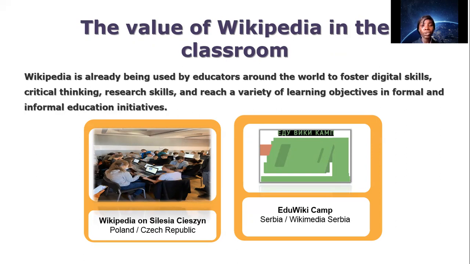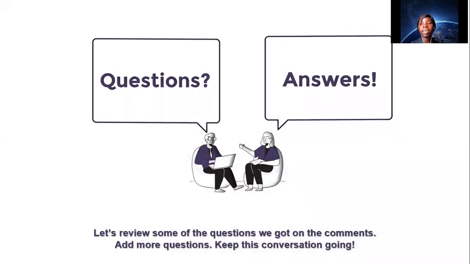You can see there is a training, Wikipedia on Silesia, and this training was held in Poland. We also have the EduWiki Camp by the Wikimedians Serbia group. So there's a whole lot that teachers can benefit from the Reading Wikipedia in the Classroom program.